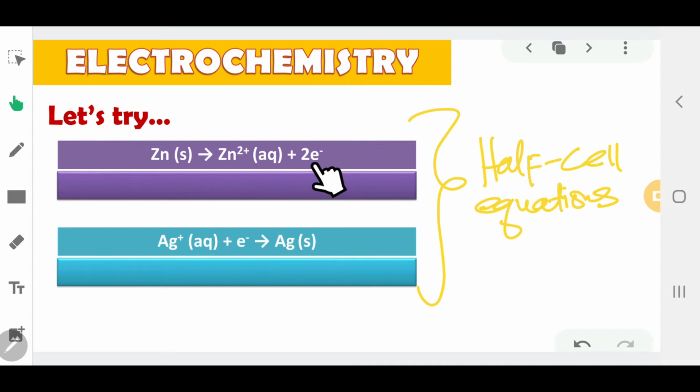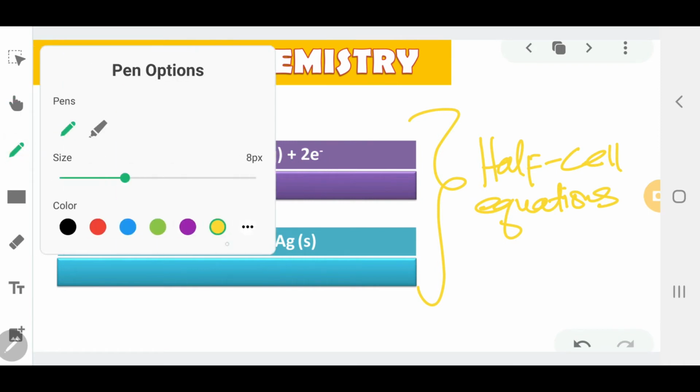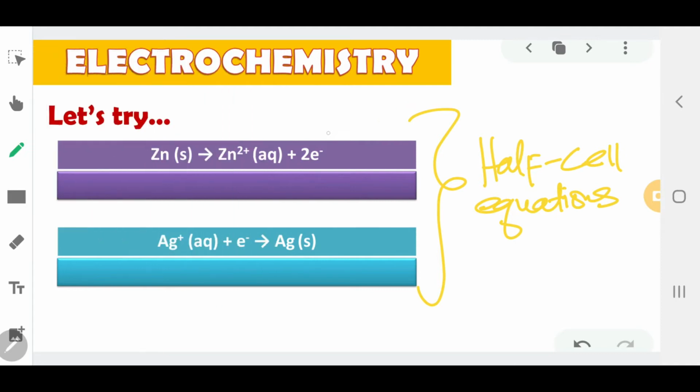So this is the process of losing electrons. Okay, so I'm going to use yellow. So this is a process of losing electrons. So who will be losing electrons?